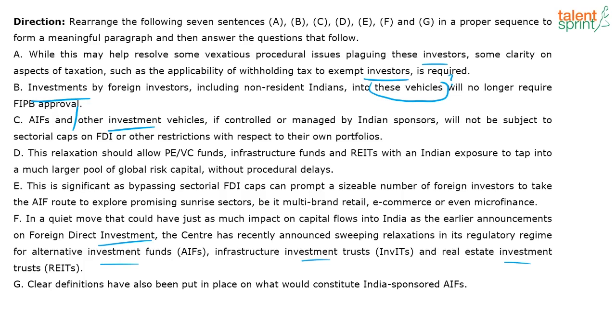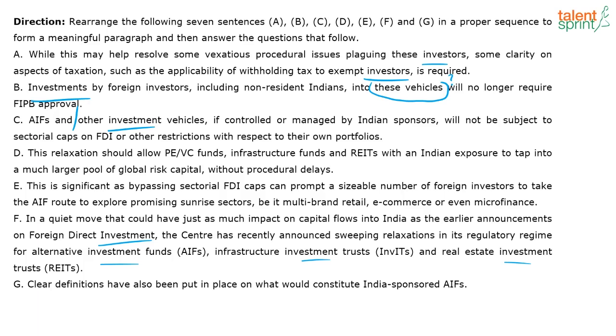Then most of you came back and said F. Let's look at F. It says, in a quiet move that could have just as much impact on capital flows into India as the earlier announcements on foreign direct investment, the centre has recently announced sweeping relaxations in its regulatory regime for alternative investment funds, infrastructure investment trusts, and real estate investment trusts.